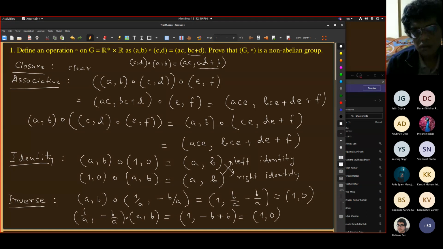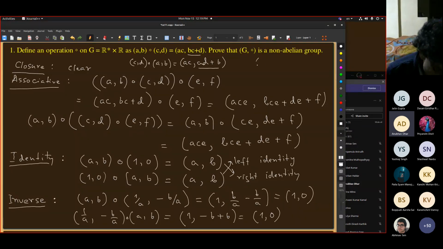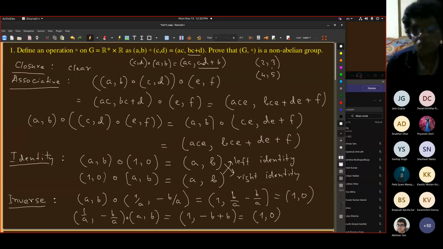So can you give me an example? So 2,3 and 4,5. One way it is 8,17 and another way it is 8,13. Okay, so this example is perhaps needed because otherwise they look different, but you have to show that actually they are different for some example. Okay, so do it.